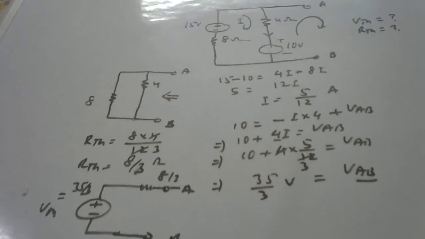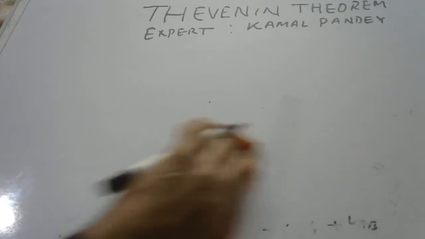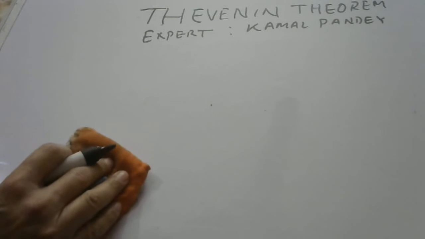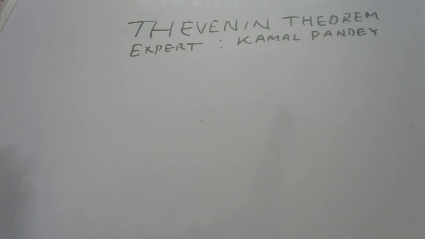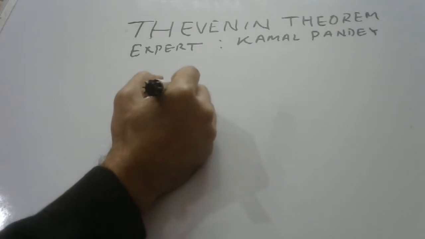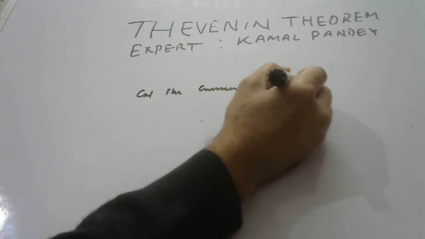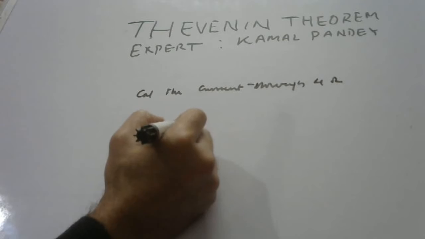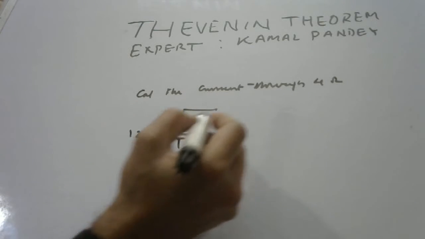Okay, we have another question regarding Thevenin theorem. A numerical question we do. Calculate the current through the 4 ohm resistance. This is the question we have. Here is the voltage source, 12 volt is connected.